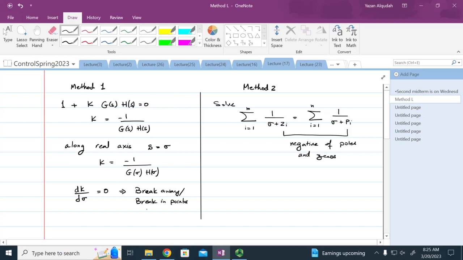So we're going to write this equation, and then we're going to solve for sigma to find the breakaway and break-in points.